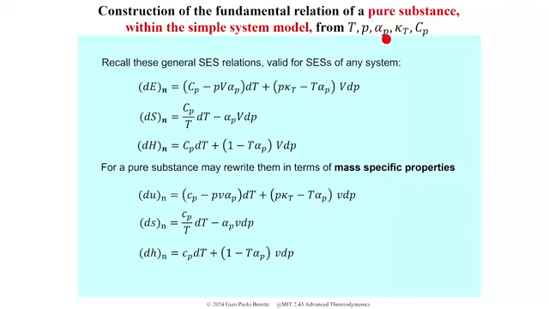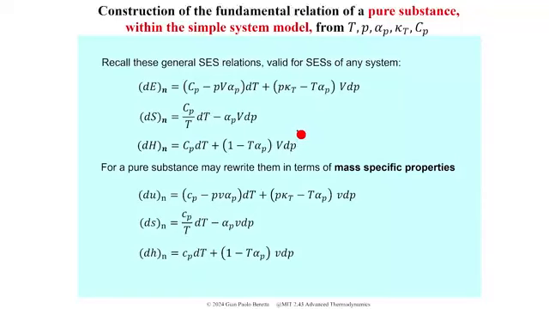If you have the expressions of how the coefficient of thermal expansion, isobaric expansion, isothermal compressibility, and the heat capacity at constant pressure depend on T and P. And these were the relations.